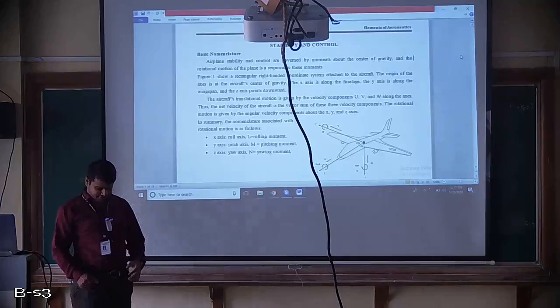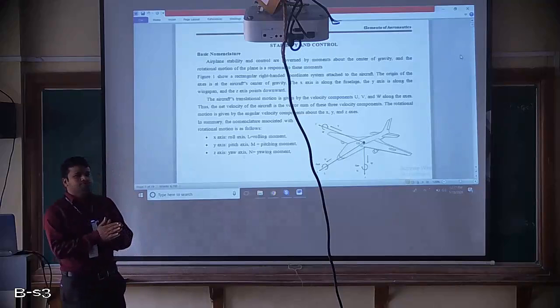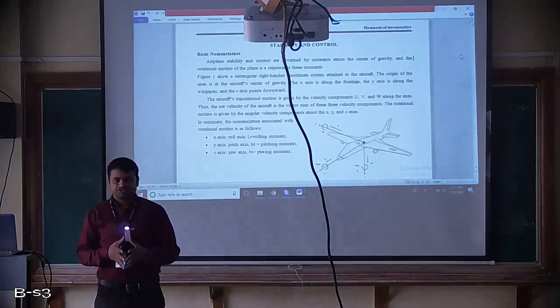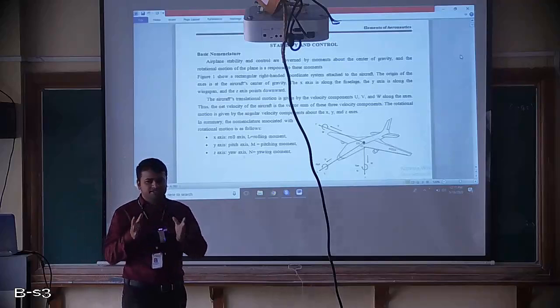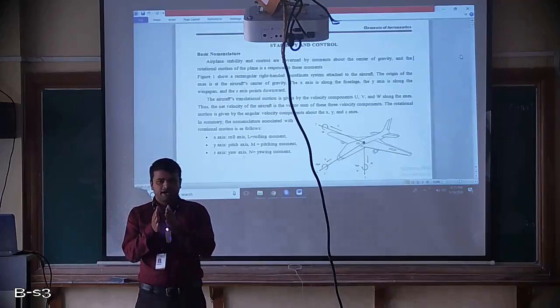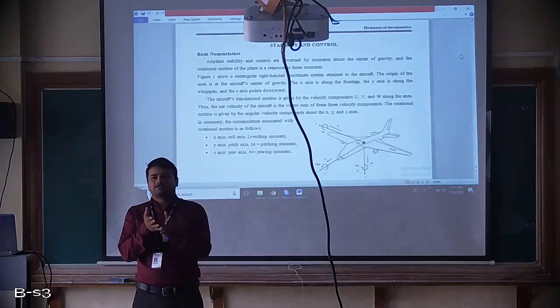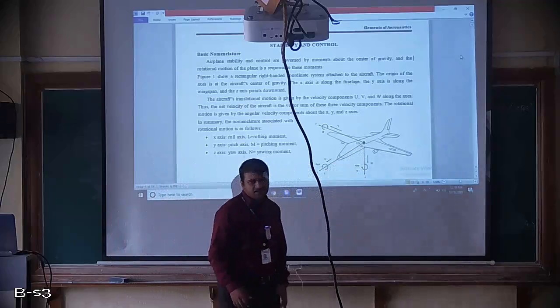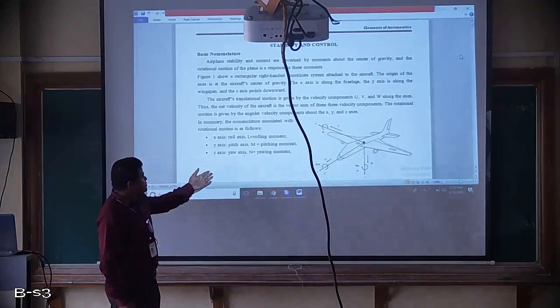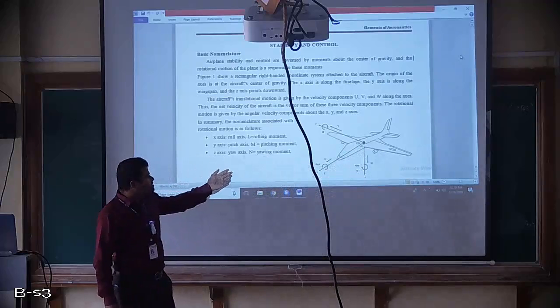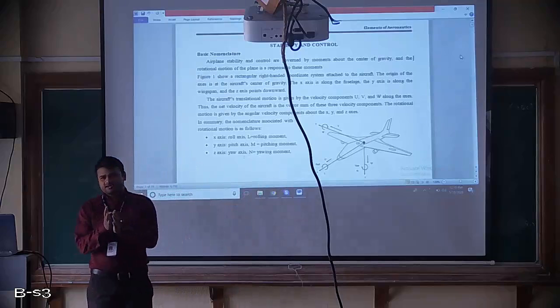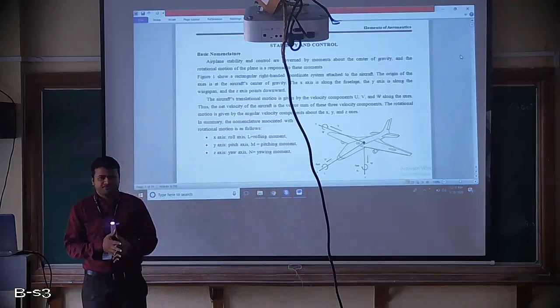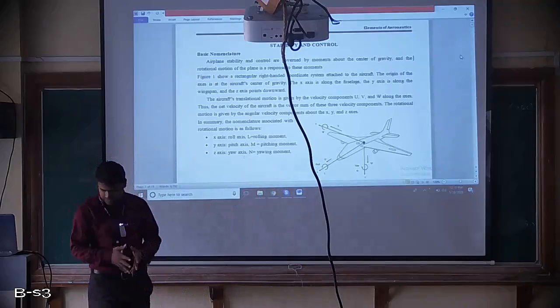Similarly, if you want to change your direction, let us say I want to turn left, or else turn right, that means you are taking a yaw movement, and that happens with respect to our z-axis or directional axis. You can also call that the yaw axis or yaw movement. So these are the three different motions of the aircraft when it is moving.